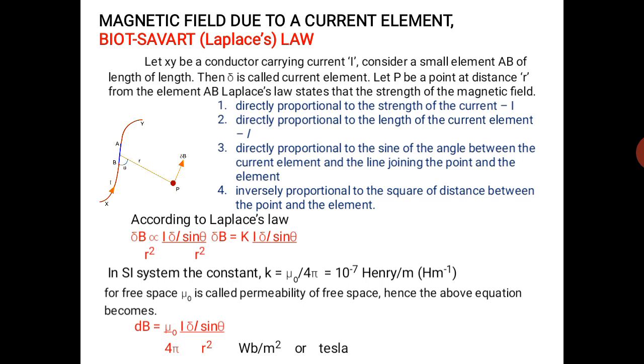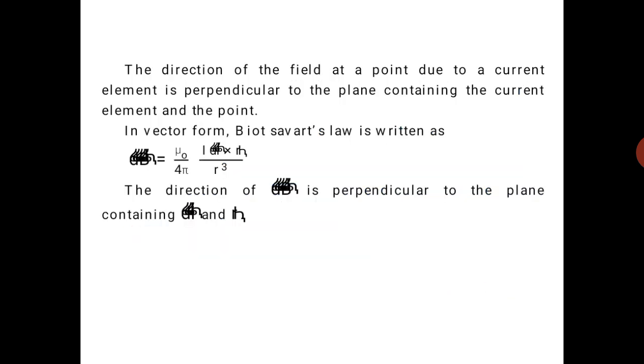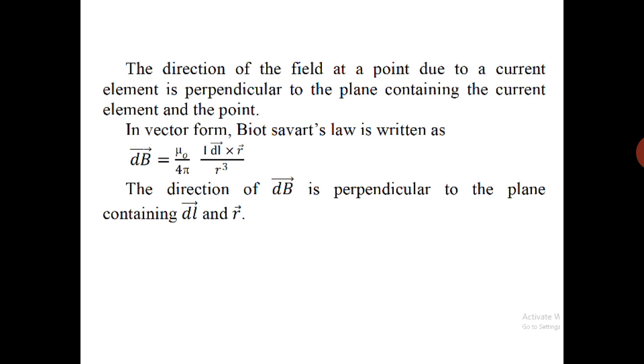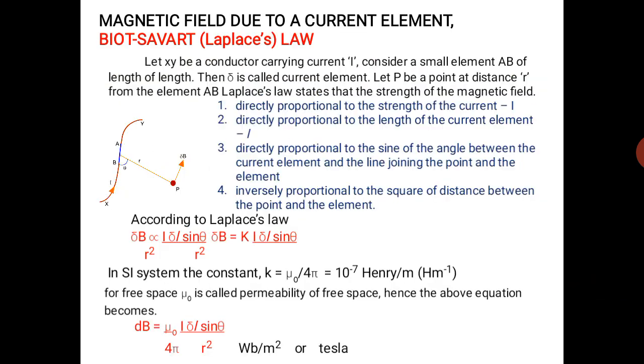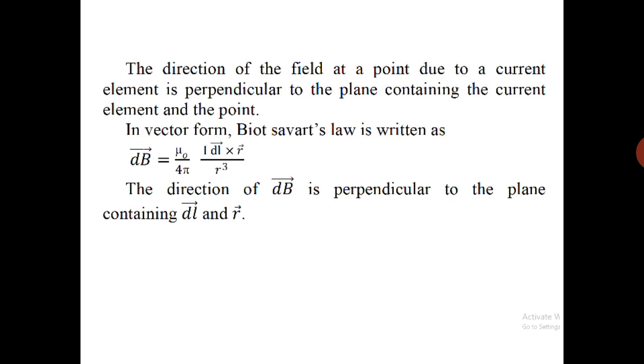So Weber per meter square, or there is a special unit, Tesla. Clear? Is the final expression clear? So this Biot-Savart law gives dB equal to mu naught by 4 pi I dl sin theta divided by r square.